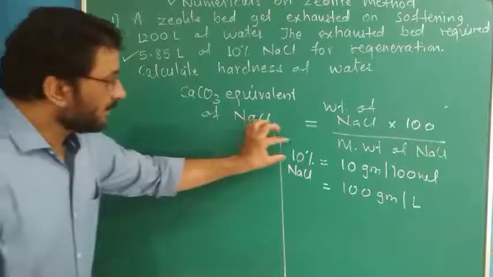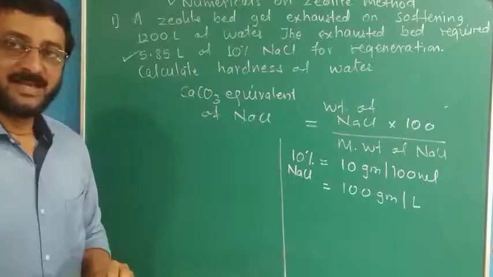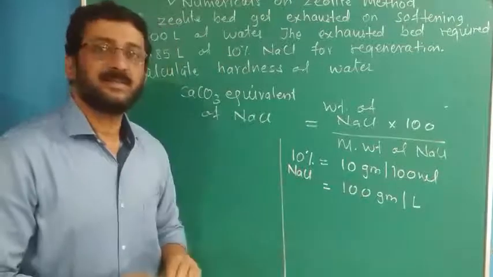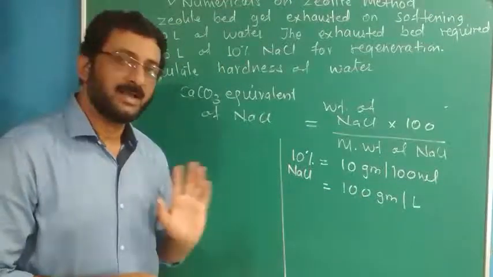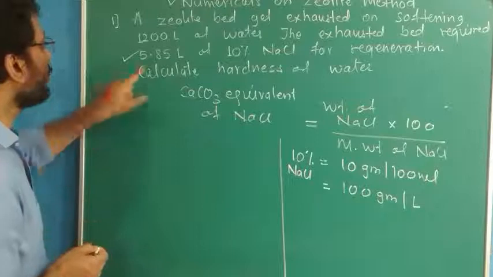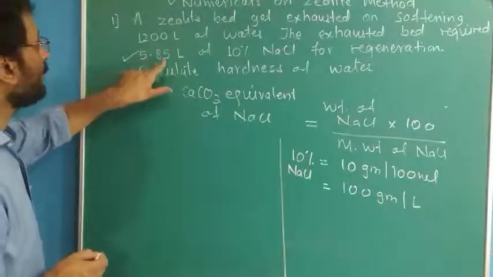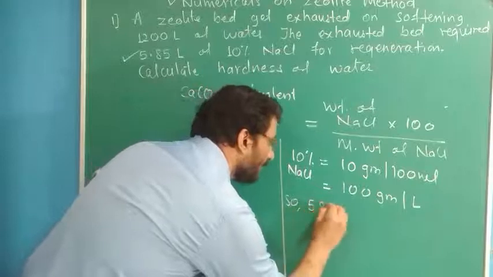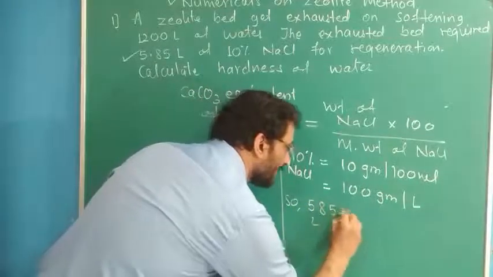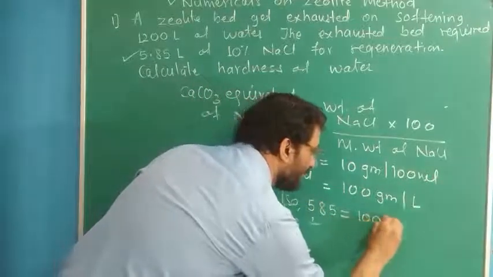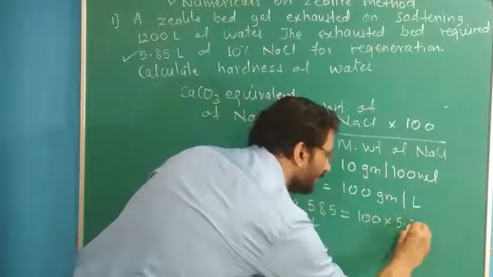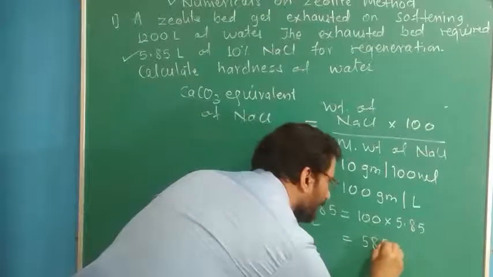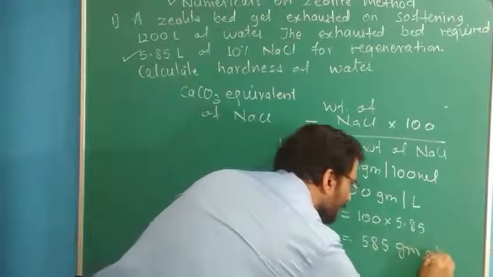If I am making a 10% NaCl solution in 1 liter, it must contain 100 gram NaCl. So how much NaCl is required? 5.85 liters contain 100 into 5.85, which is 585 grams of NaCl.